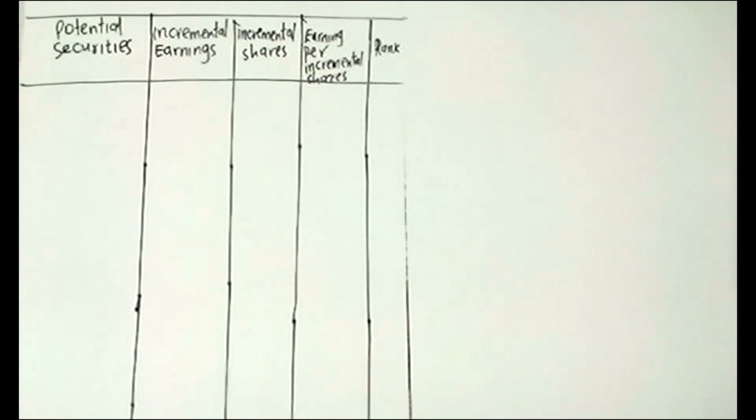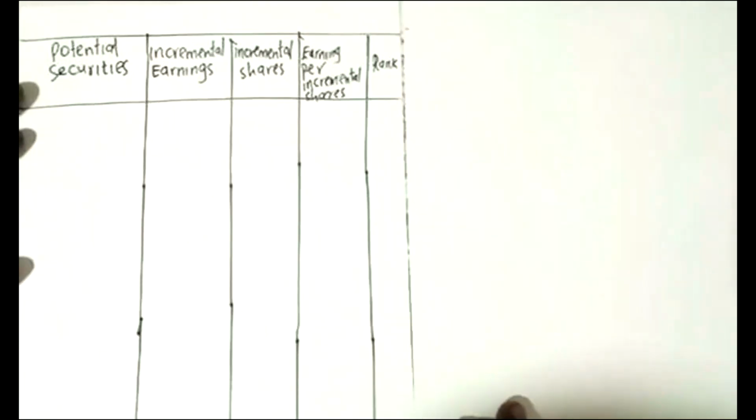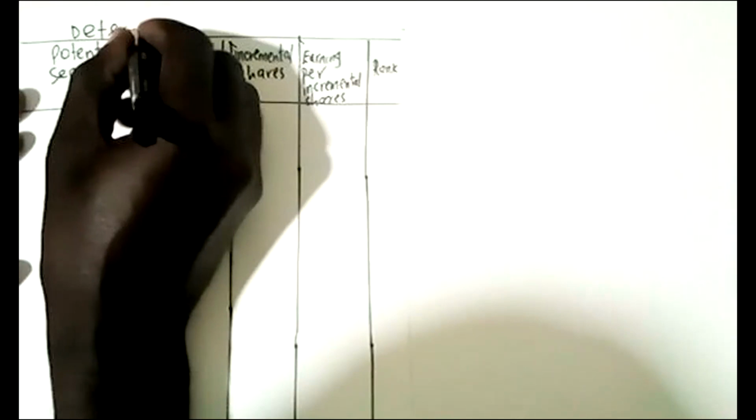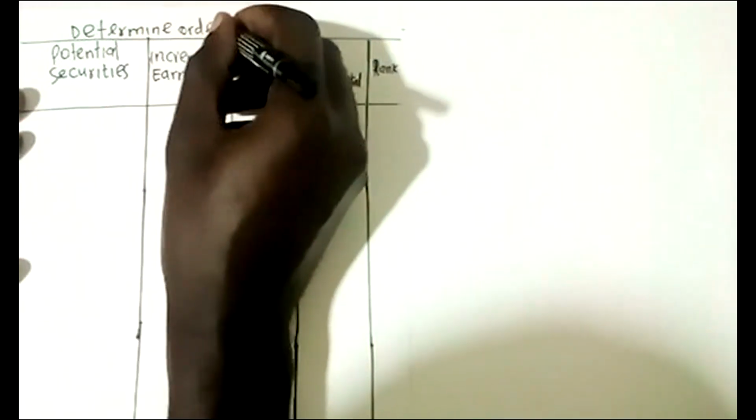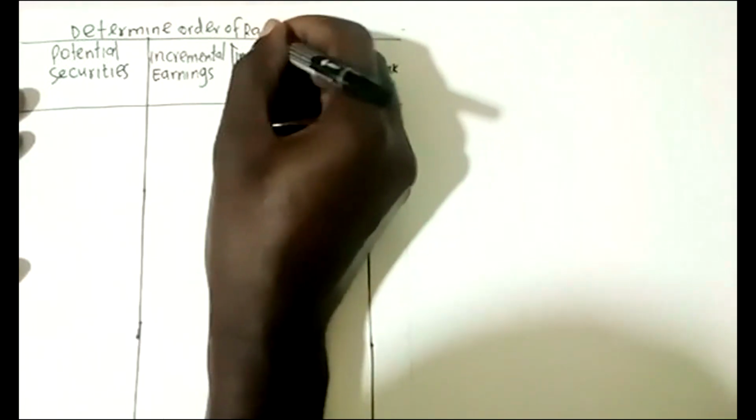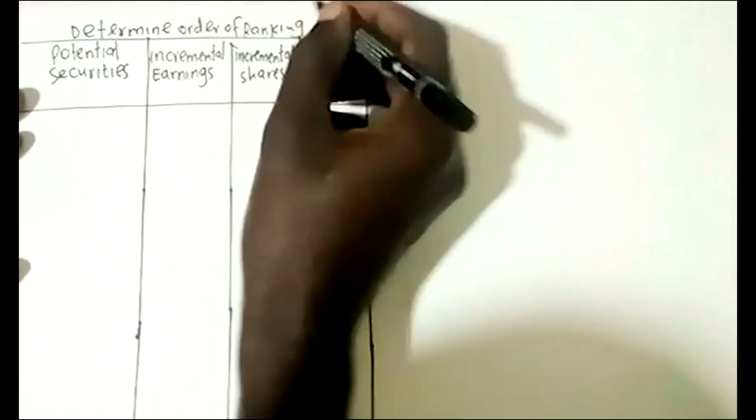Step 1, you do basic EPS. We are done with it. We did basic as the requirement. Step 2, you determine the order of ranking the securities. And that is now my step 2, which is here. You draw this table. Determine order of ranking the securities.